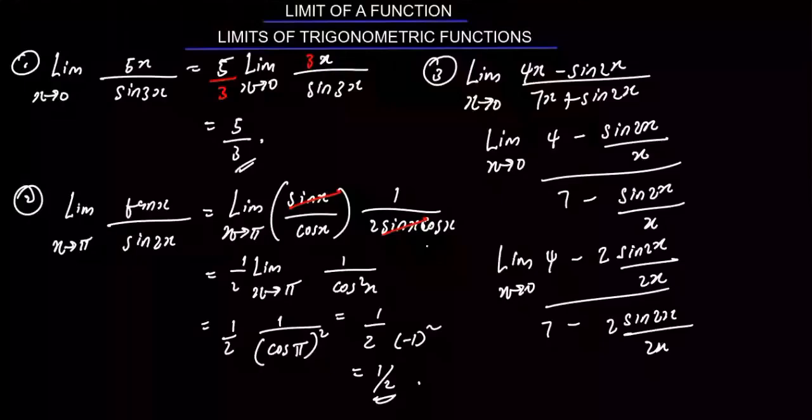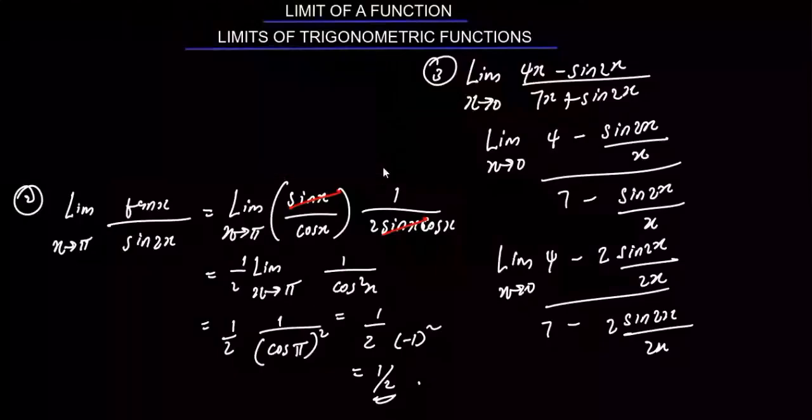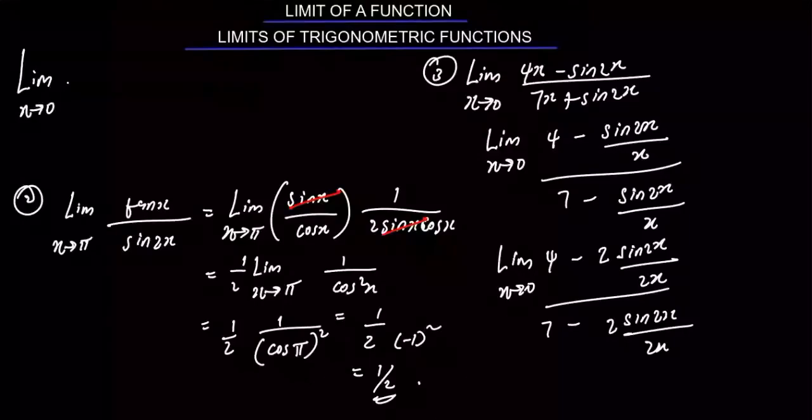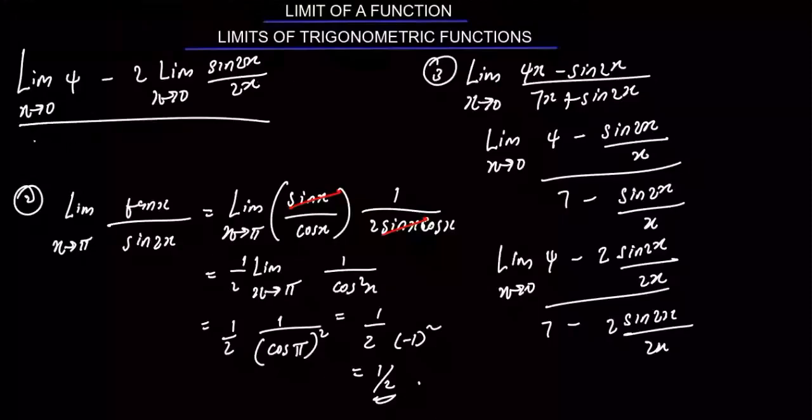So if I apply my limits all through, I'll be having the limit as x tends to 0 of 4 minus 2 times the limit as x tends to 0 of sine 2x over 2x, all over the limit as x tends to 0 of 7 plus 2 times the limit as x tends to 0 of sine 2x over 2x.